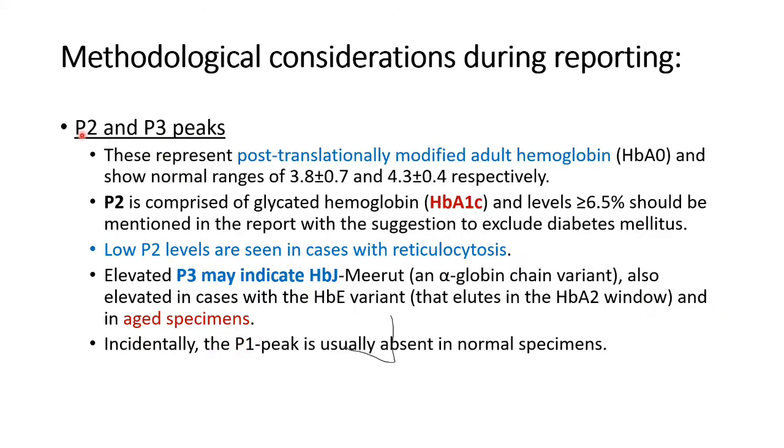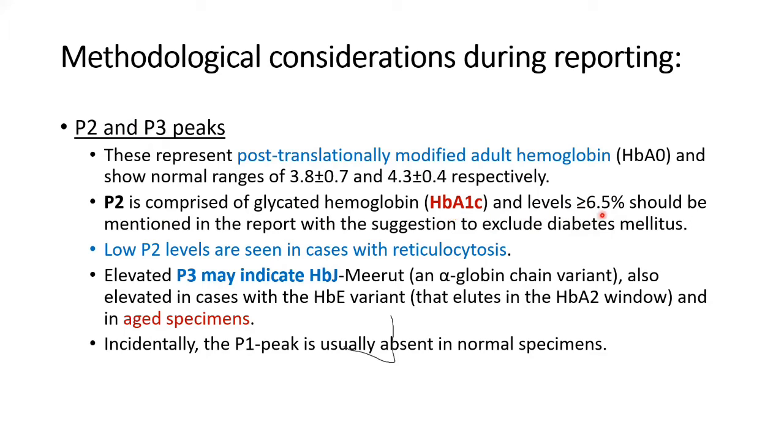Then you can have P2 and P3 peaks, which are nothing but post-translational peaks. P2 is glycated hemoglobin. If you are detecting levels more than 6.5, it is better to mention it in the report to exclude the diagnosis of diabetes, even though you're not actually using this test to detect glycated hemoglobin.